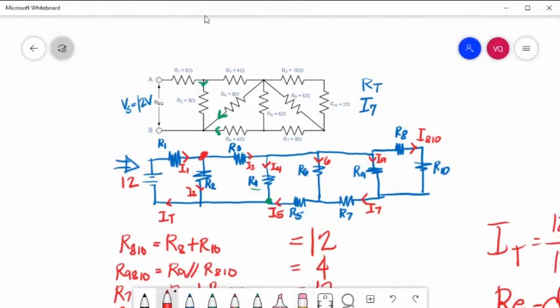So, solving for I5, this one. Since we already solved the I2, I4, and total current, using KCL at this node, this is our total current.